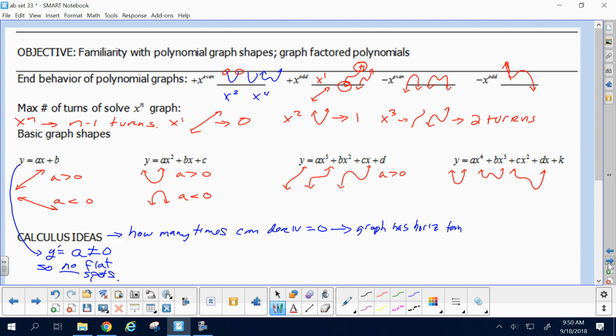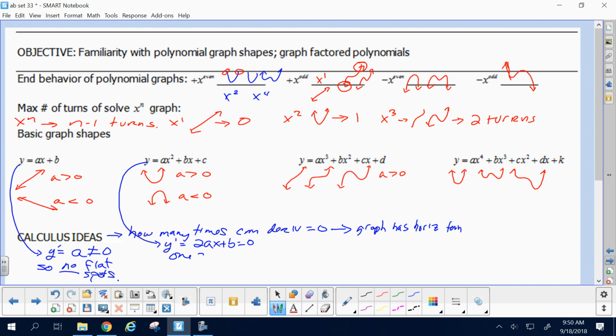Let's go to the derivative of a quadratic. What's the derivative of ax squared plus bx plus c? 2ax plus b. Now, if I were to set that derivative equal to 0, how many solutions would I get? One solution.